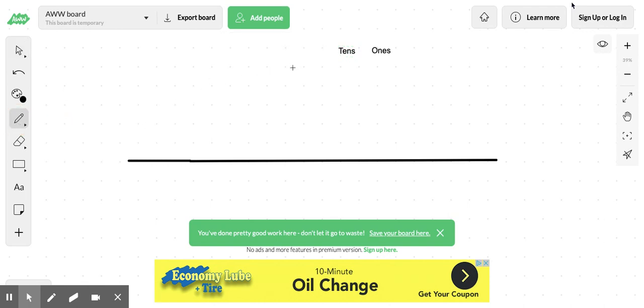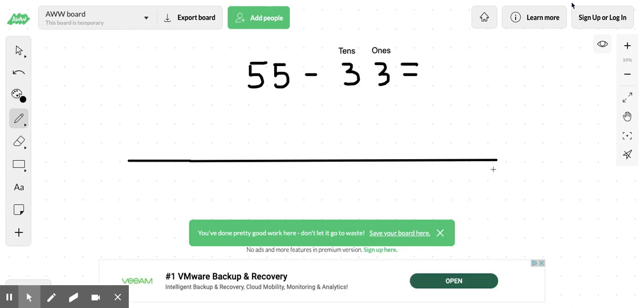Let's do 55 subtract 33. All right. 55 subtract 33. Using our open number line, first thing we do is we write our 55 down here. Got our 55. Now we need to go and subtract 33. So we have 3 tens and 3 ones.